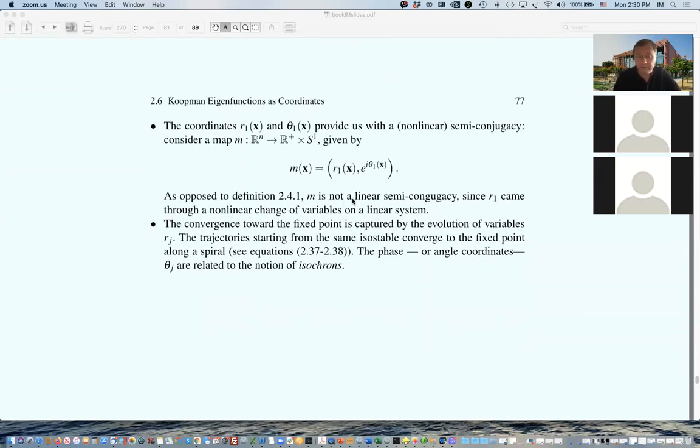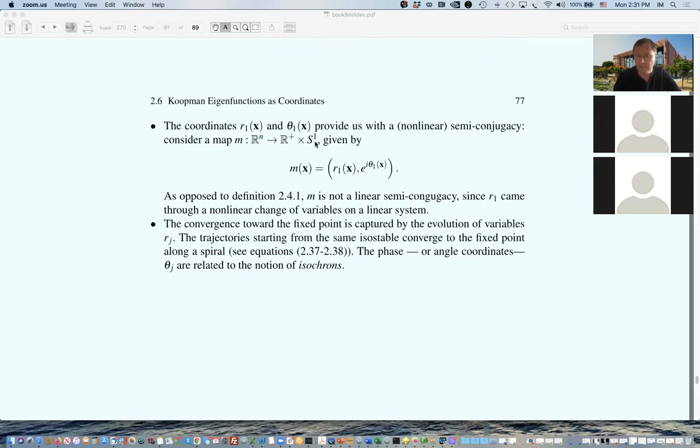Further, those new coordinates r1 and theta1 give us a semi-conjugacy. But while earlier we talked about linear semi-conjugacies, this one is provided by a nonlinear set of functions. And so it gives us a nonlinear semi-conjugacy. So take a map from your original state space to the positive real line cross-producted with S1.